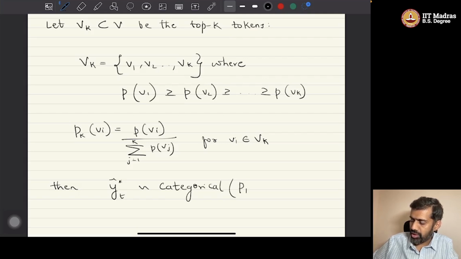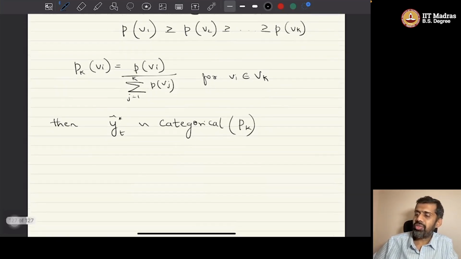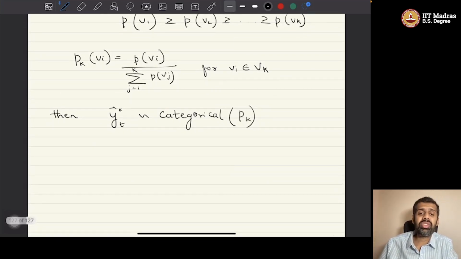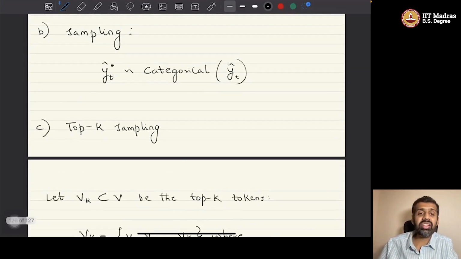Okay, categorical distribution of pk. So now what are we doing here? Instead of sampling from the entire distribution here in the naive sampling case, because of the possibility of incoherence and so on, what we do is we only take the top k, where k is a hyperparameter, top k occurring tokens, and we find a distribution for those k tokens at every time, and then the sampling is carried out.